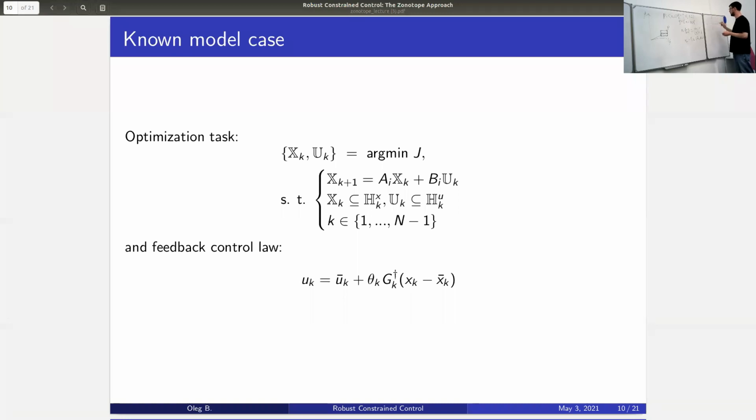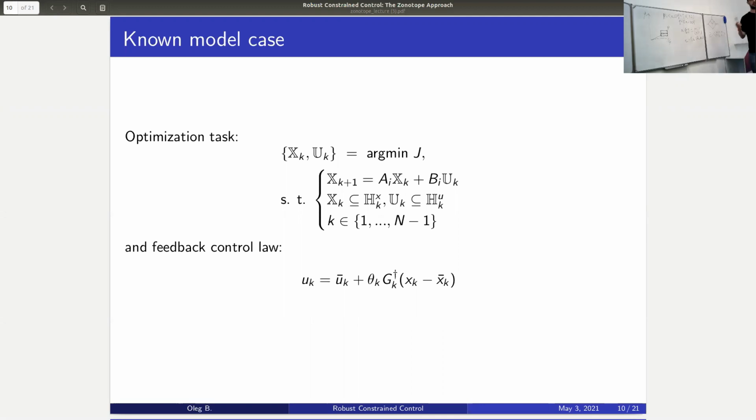Our system is a mass-spring system. Our initial state is described as Zonotope P0 with center 0, 0 and generators 1, 1 and minus 1, 1.